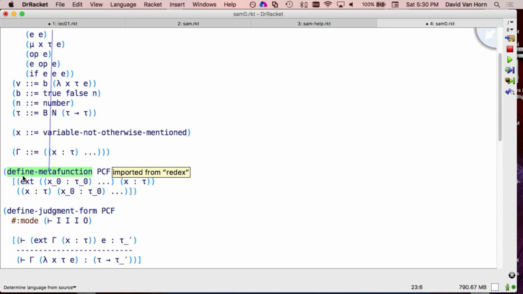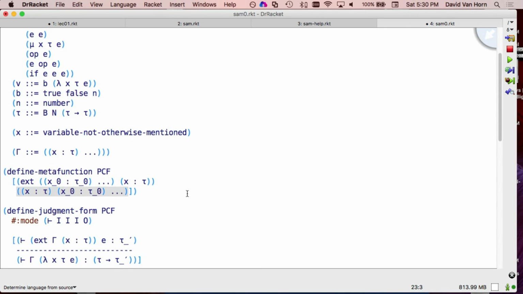A metafunction is just a special kind of relation that happens to be not just a relation, but also a function. Here we're defining it with one case. If it matches this pattern, then we construct this output, and if we were writing a different metafunction, we could have other cases that matched other things.